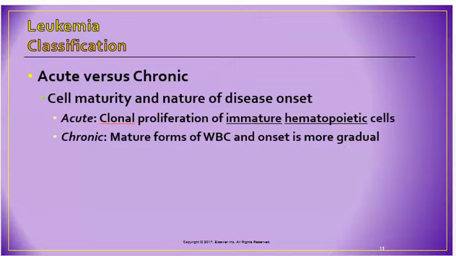So, classifications, acute versus chronic. Well, that's determined by cell maturity and the nature of the disease. So, acute, immature, hematopoietic cells. Chronic, mature forms of white blood cells. And that one's pretty gradual. Clients may not even know that they have it. The symptoms are not quite as severe.